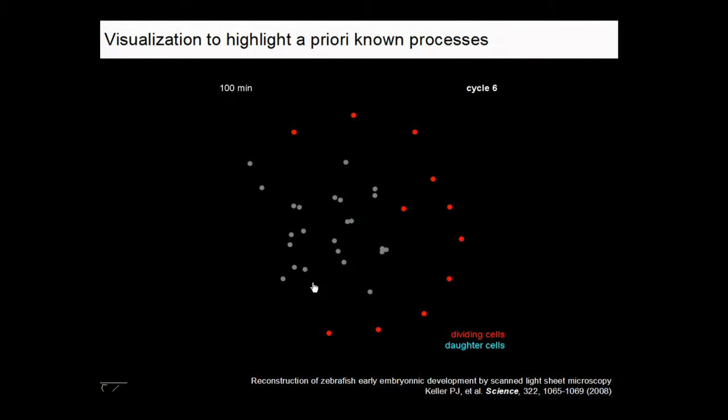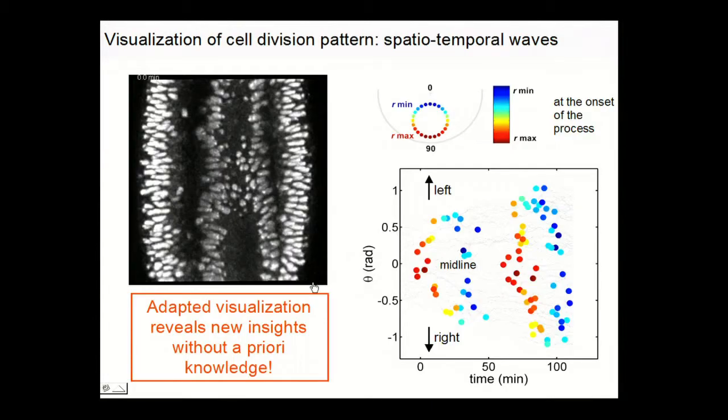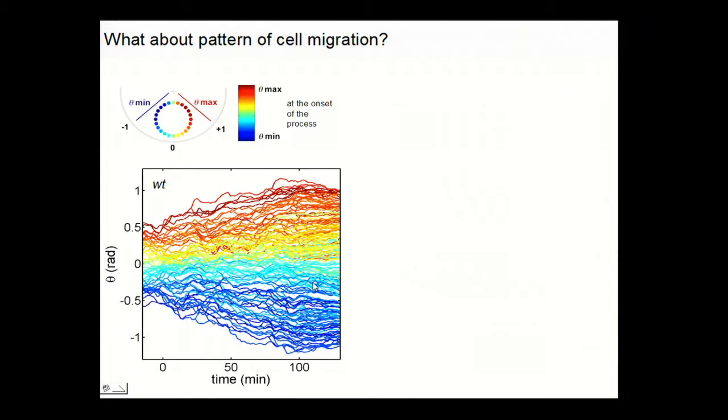It's a really nice way to show it, but we are not learning much from a scientific point of view. We already saw this wave from the raw data. I just wanted to point out that the difference here is that only during this visualization can we identify such a pattern of cell division.